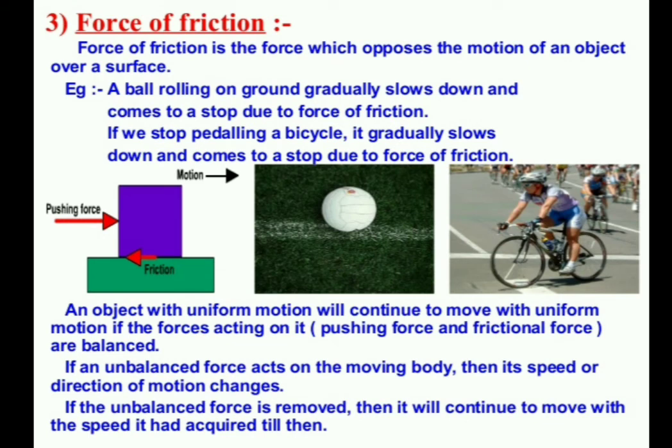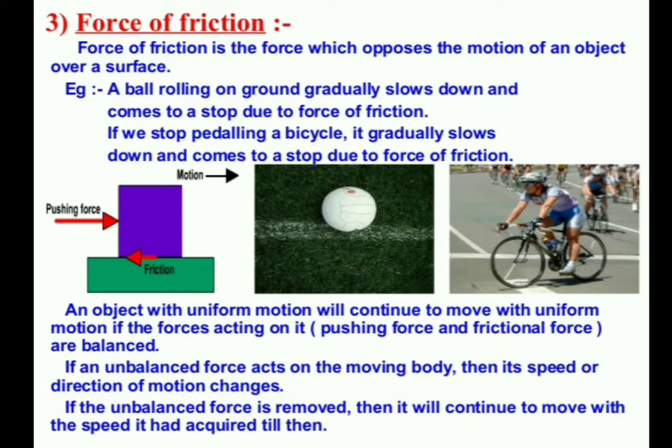that is force of friction. See, force of friction is the force which opposes the motion of an object over a surface. In the winter season, in our classroom, many students rub their palms in opposite directions. By applying forces in opposite directions, the palms get warm.